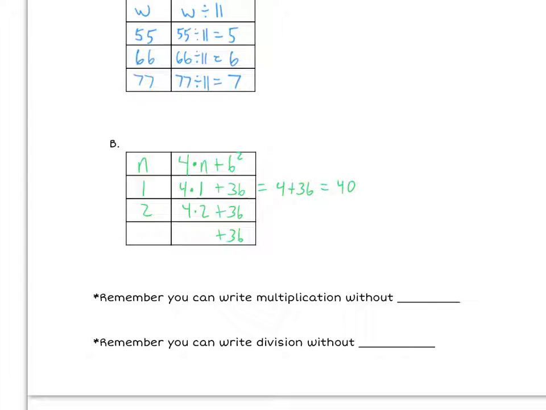What's my first thing I have to do, Peyton? 4 times 2, and the answer to that is? 8 plus 36. 44. And again, I am completely fine if you use a calculator to do that addition. Okay? I'm not testing your adding skills here. I'm seeing if you can figure out how to use algebraic expressions.